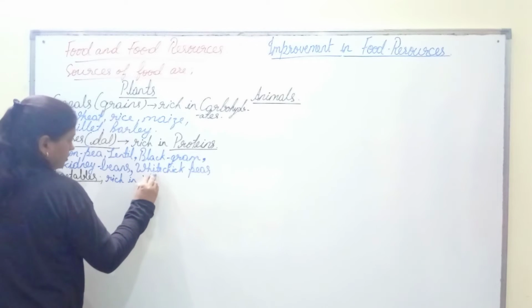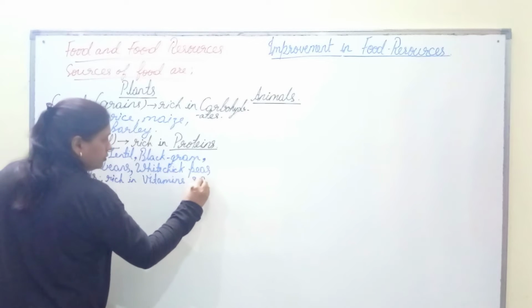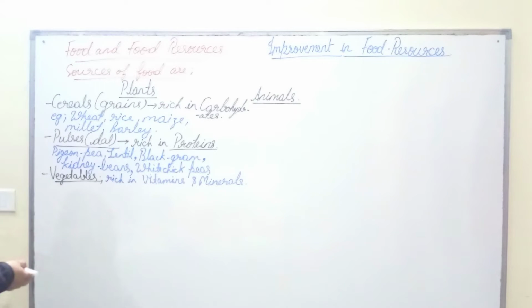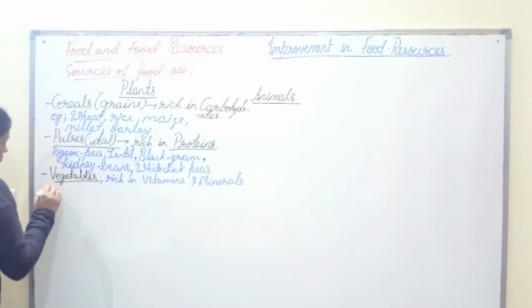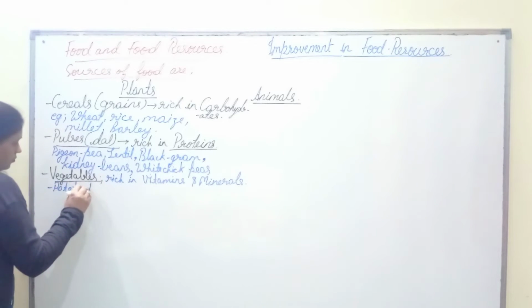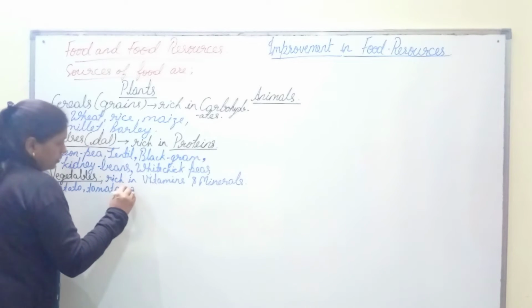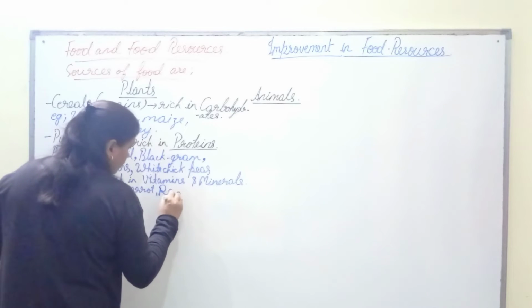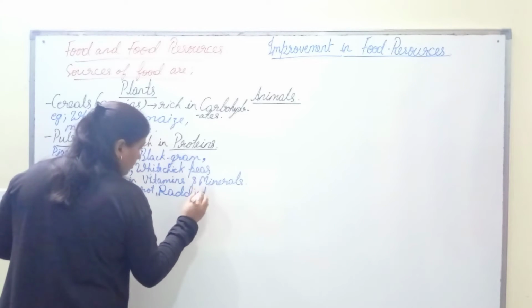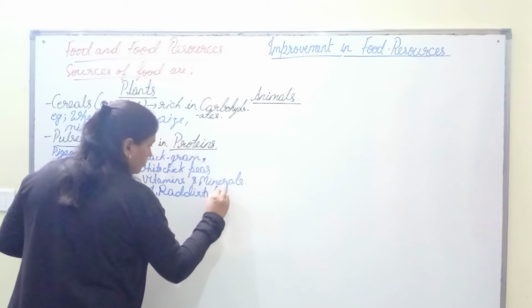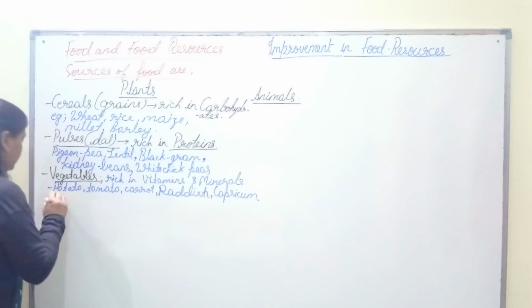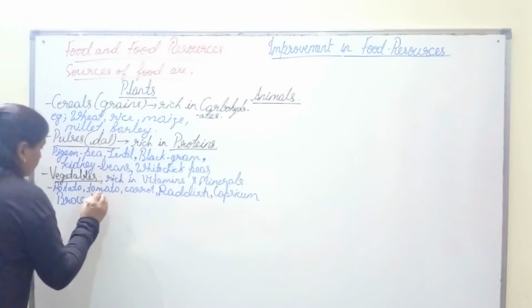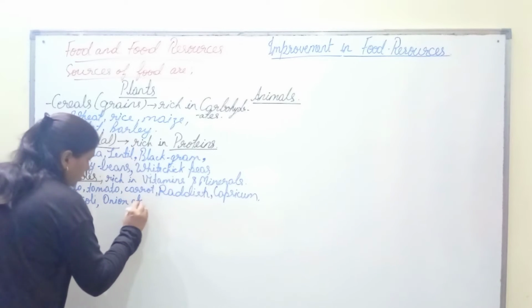Examples of vegetables are potato, tomato, carrot, radish, capsicum, broccoli, onion, etc. are the examples of vegetables.